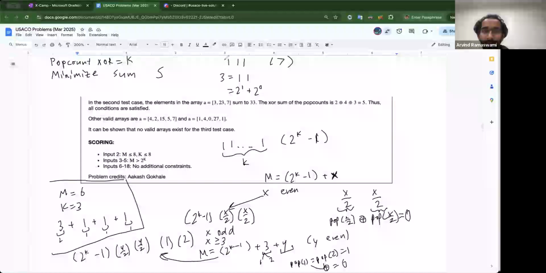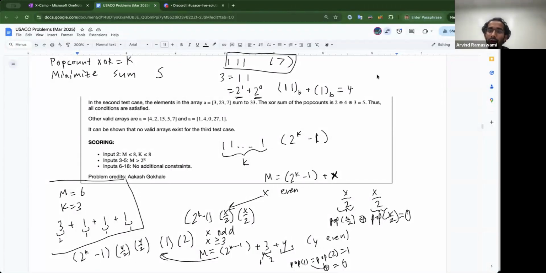So we consider this binary number plus this binary number: 2 and 1. This one has pop count equal to 2, and this has pop count equal to 1. So the XOR of the pop counts is equal to 3, and the sum is equal to 3 plus 1, which is 4, right? So for k equals 3, the minimum possible sum we can get is 4.